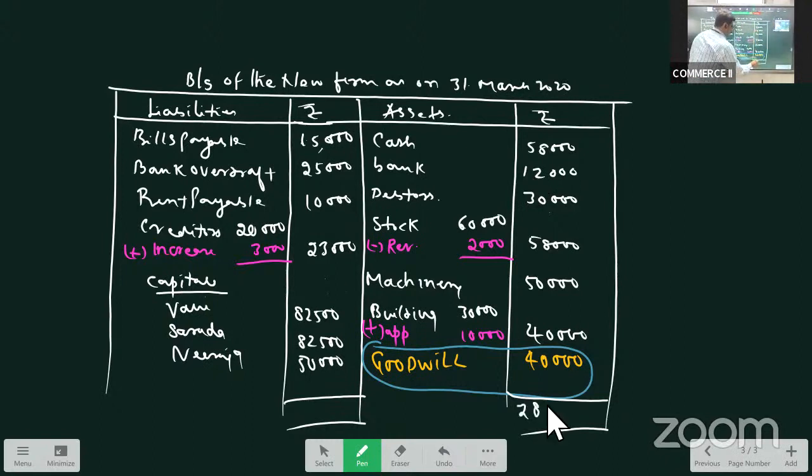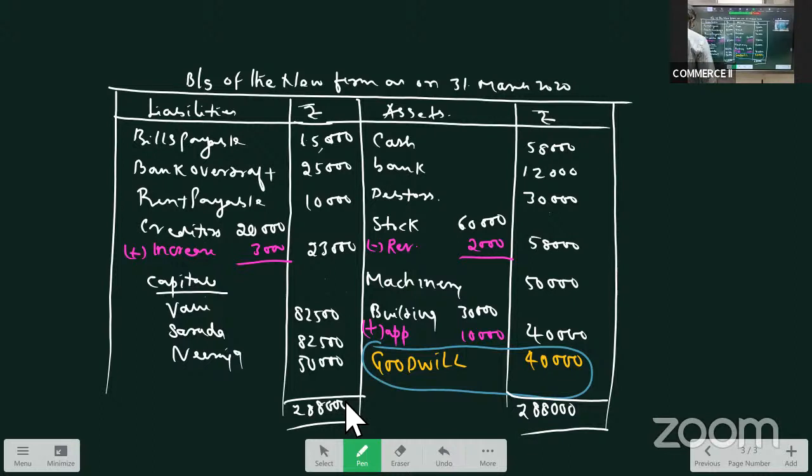It's 2,88,000 on the asset side. On the liability side, 15, 40, 50, 73, 123, 124, 128, 128, and 16. 2,88,000. Here also we got 2,88,000. Okay. This is how we arrived at the final figure. Balance sheet got tallied.